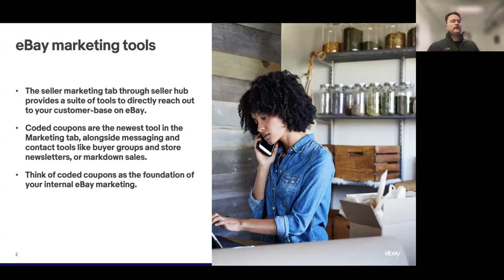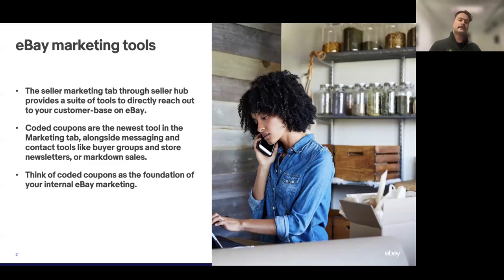So that suite of tools would include things like store newsletters. If you haven't used them, something I would really encourage you to explore, especially as larger sellers, you would have a non-trivial number of buyers who are following your store. Tap into that resource. Those are people who have already expressed enough of an interest that they're following your store. Store newsletters are a great way to connect with them, feature certain items, feature markdown sales or coupon codes if you so desire.